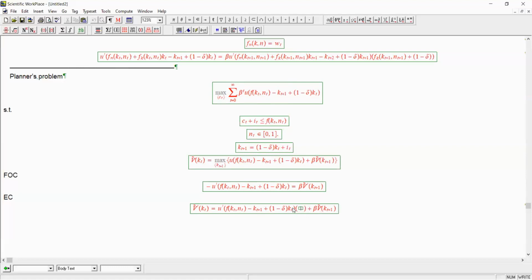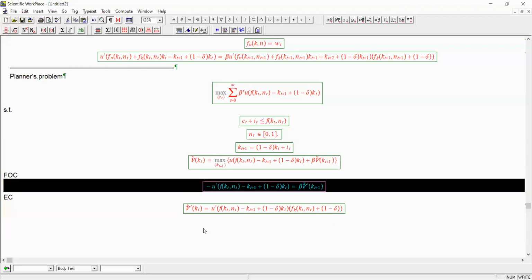if you look carefully, let's just paste the whole thing in so that we're not rushing. The derivative of this first part with respect to k is just f sub k. The derivative of this part with respect to k is 0. The derivative of this part with respect to k is 1 minus delta. And the derivative of this with respect to k is 0.